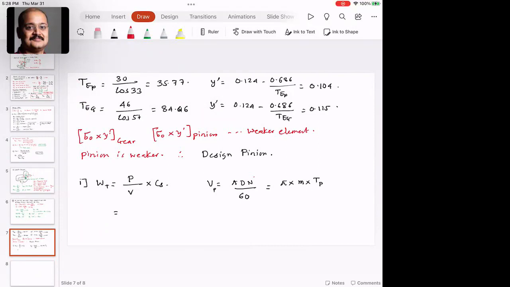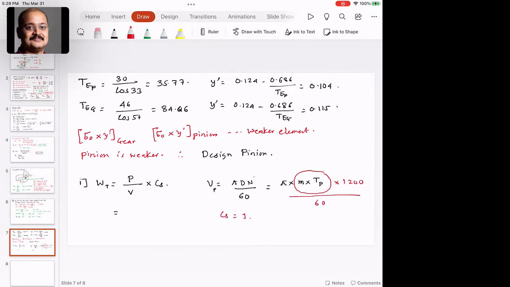Now it is super important, and I want you to make note of this. This is where the students make mistake. The equivalent number of teeth are only needed for module calculation. However, for all other practical purposes, diameter is equal to number of teeth multiplied by module. So you would use not equivalent number of teeth, but the actual number of teeth multiplied by 1200 divided by 60.